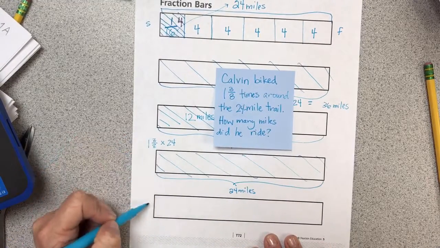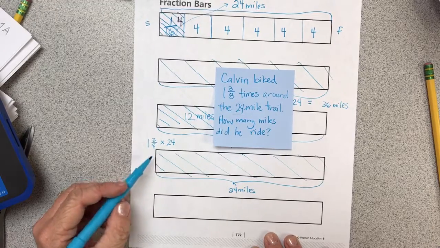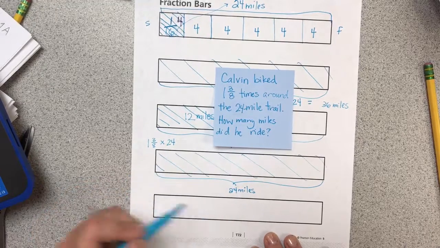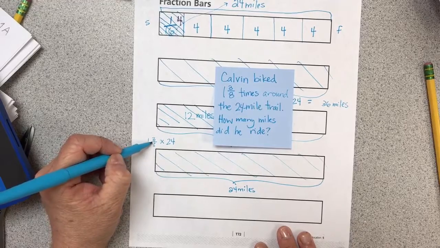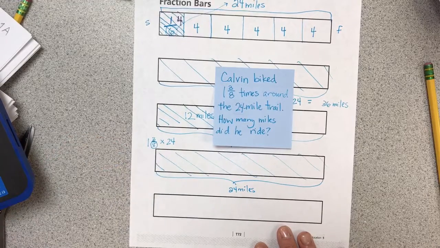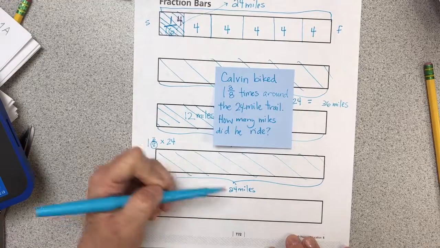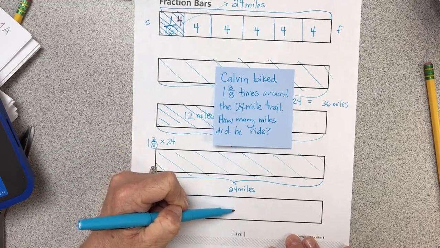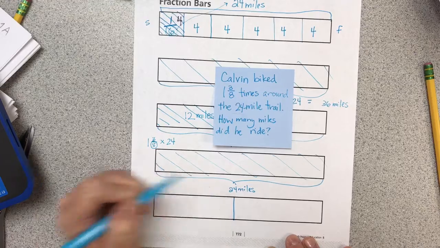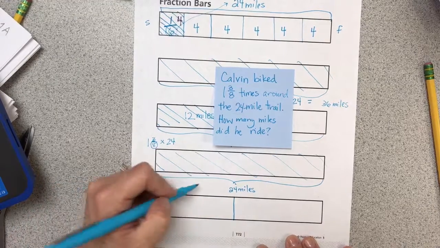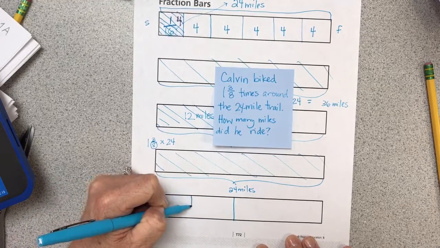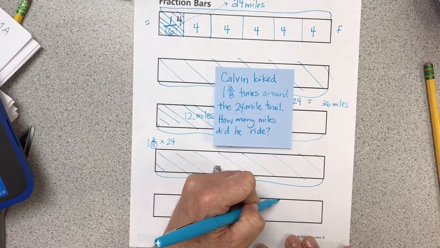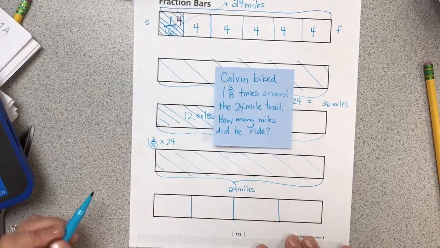And then the 3/8 part, how do we represent that on here? Well, we can see that we need to divide this fraction bar up into 8 equal pieces to show eighths. The way that I do that is I half the fraction bar, and then I half the halves. So now we have fourths.